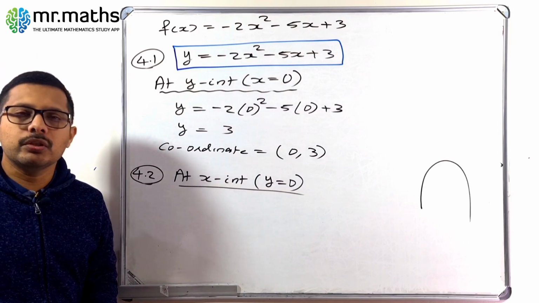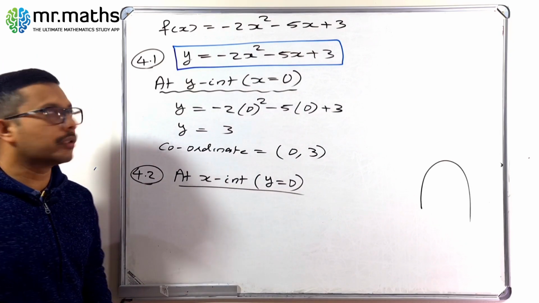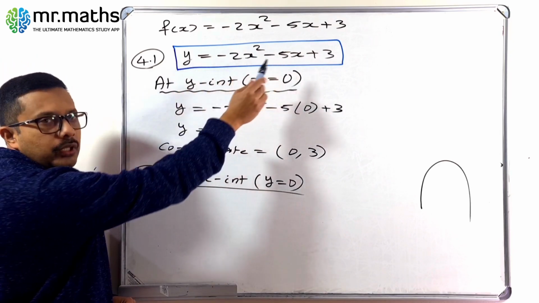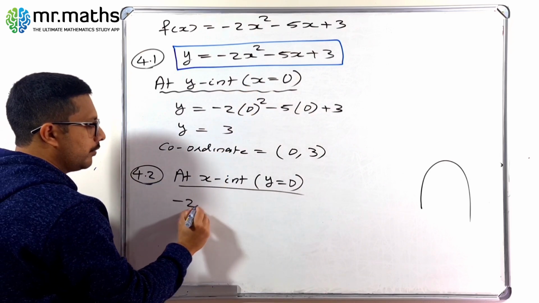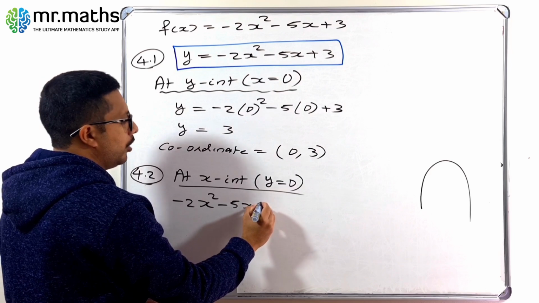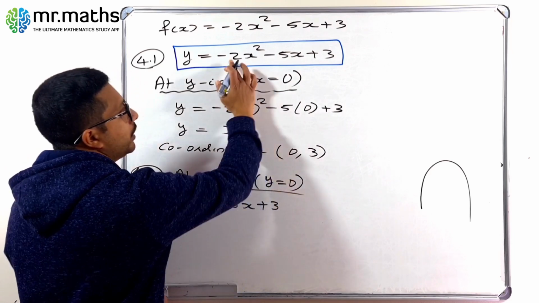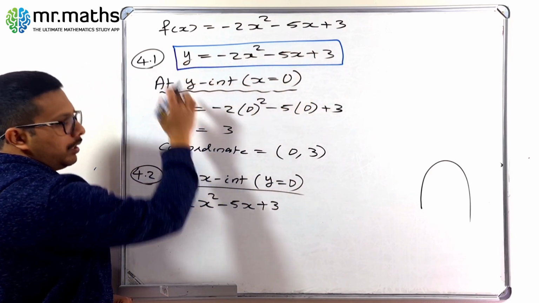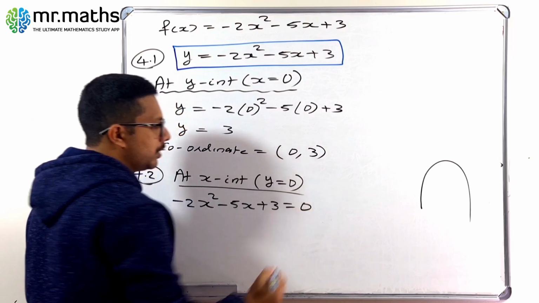Let me write it the opposite way: minus 2x square minus 5x plus 3 is equal to 0.